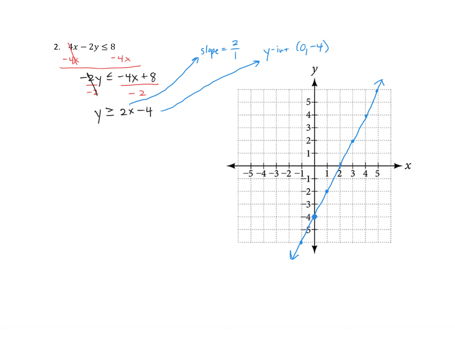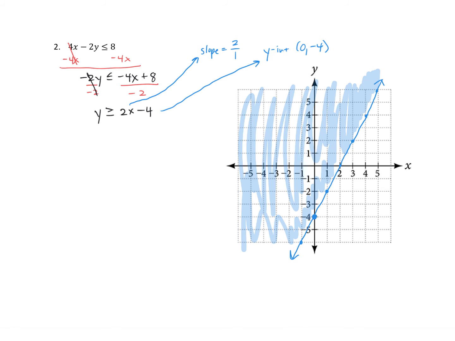That means I'm going to shade above the line. So go to any point on the line and go up. Above the line, remember it's above or below. You're going up or down. So above the line would be everything in this region. So everything above that line is shaded and would be included in your solution set.